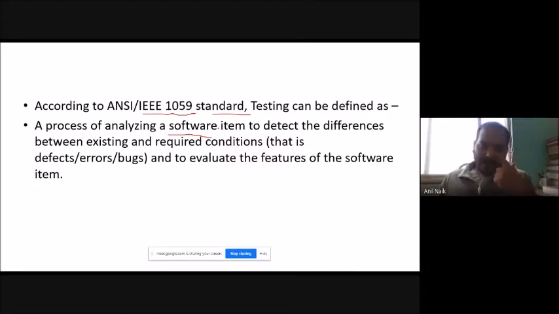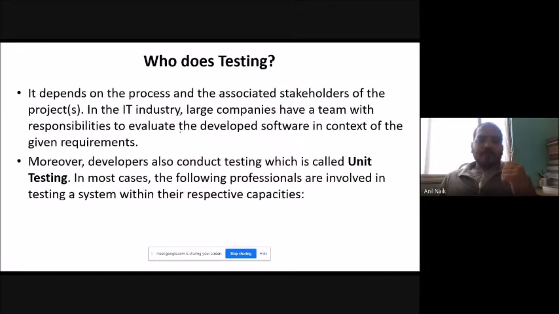That is to find the defects, errors, bugs, and to evaluate the features of the software item. You need to find the defects, bugs, or errors in a software.